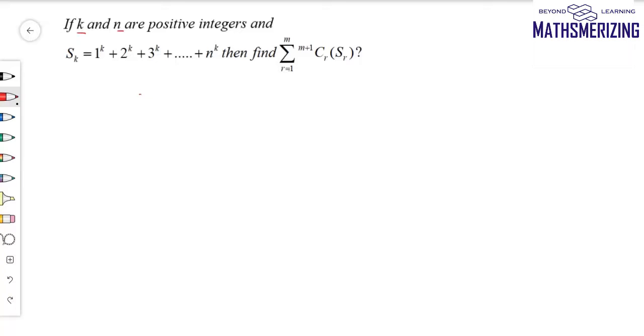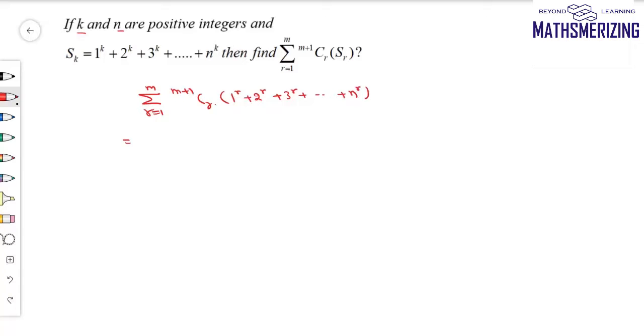Now if I look at this summation, I write summation r varies from 1 to m of (m+1)C_r, and then 1 to the power r plus 2 to the power r plus 3 to the power r, all the way up to n to the power r.